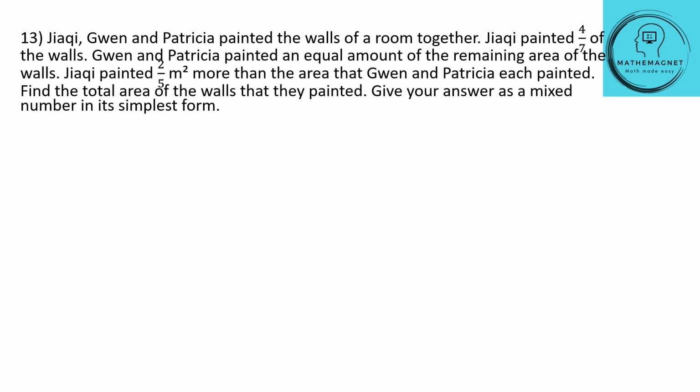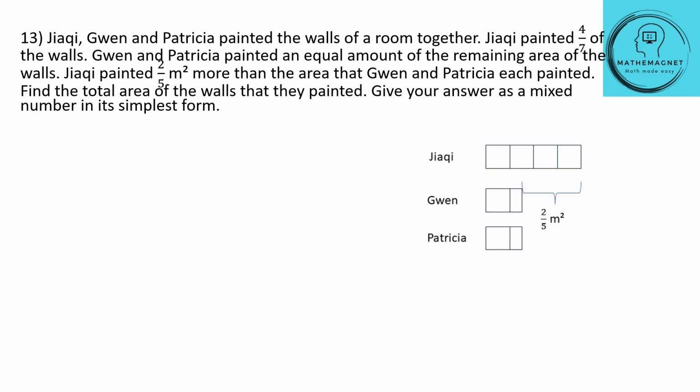So let us draw this information in a bar model first. Here they have told Jiaqi has painted 4 by 7 of the wall. So basically the wall has been divided into 7 units. Jiaqi has painted 4 units. Now Gwen and Patricia have painted the remaining area of this wall equally.